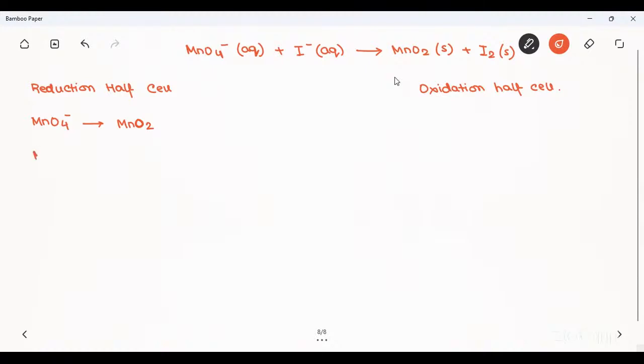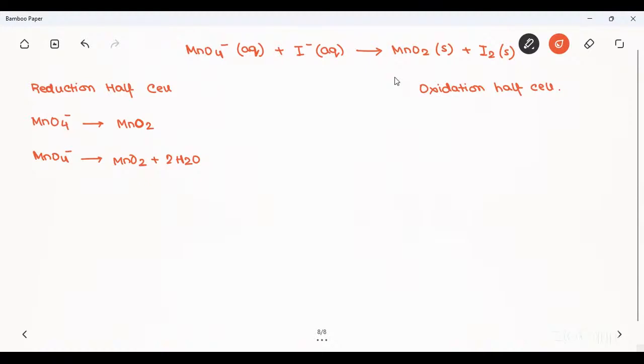So that is MnO4 minus and MnO2. There are 2 oxygens fewer here. So that means we have to add 2 water, 2 H2O. See, the oxygen is now balanced. O4 and O4. Here 2 oxygen, here 2 oxygen.